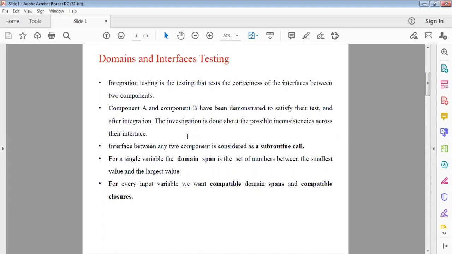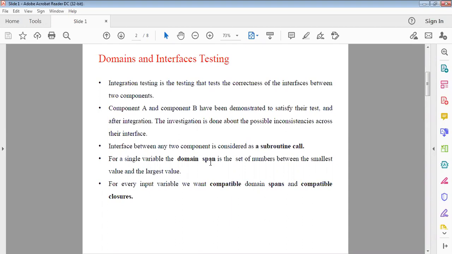The range has to be checked before the interface is done. That is called the domain span. For a single variable, the domain span is the set of numbers between the smallest value and the largest value. When performing a caller-to-called call, you must check the domain range.